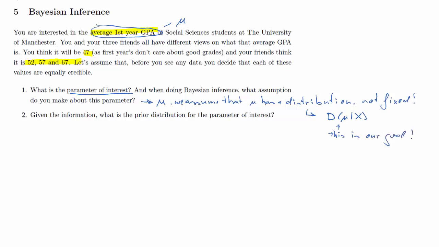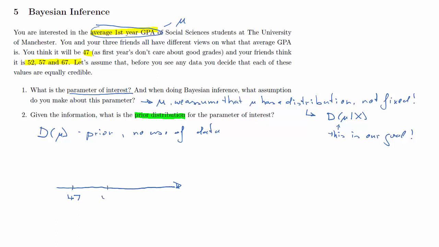So now if we have that information, what is the prior distribution? We'll see later why we need the prior distribution notationally. That's the distribution of mu without information of any data. In our case, it's perhaps easiest to think of a number line here.